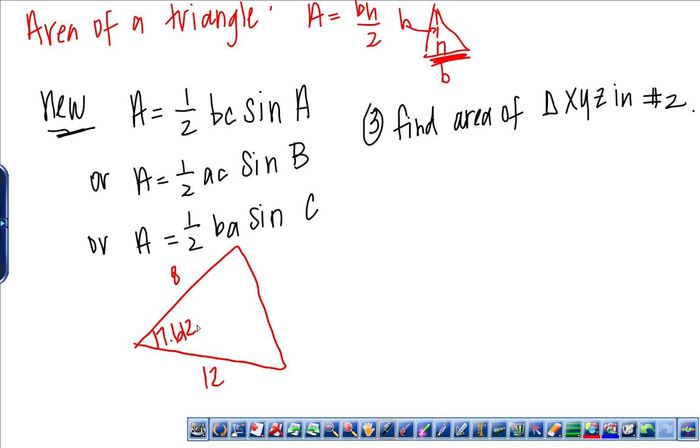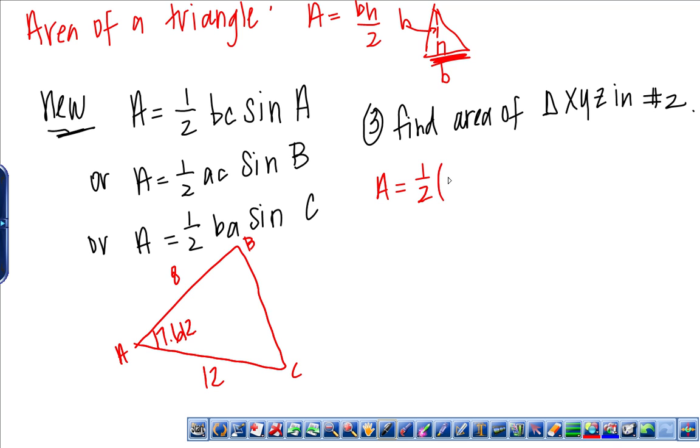So to tell you how to use this formula, area is equal to 1/2. If you have an angle, your angle is going to be surrounded by the sides. So if this is angle A, this is going to be BC. Your little b's here and your little c's here. So whatever angle you're looking for, the sides are going to be surrounding it, which is really nice.